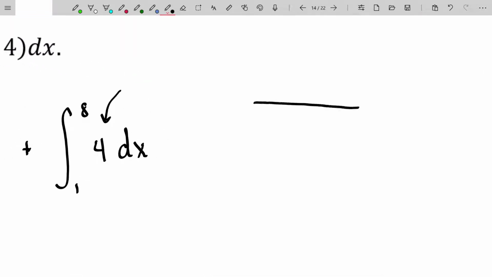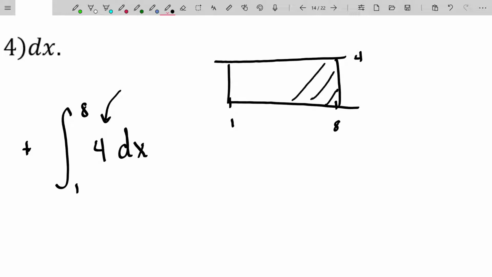From x equals 1 to 8, the function y equals 4 looks like that. And notice that's a nice rectangle. So this can be written as the area underneath the curve 4 from 1 to 8, or in other words, it's 4 times 8 minus 1, or 4 times 7, which is 28.